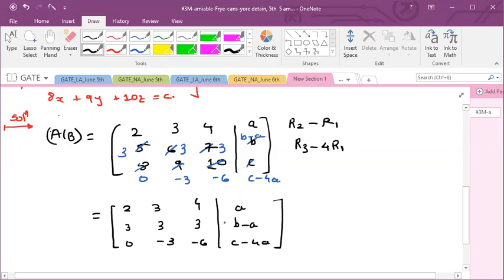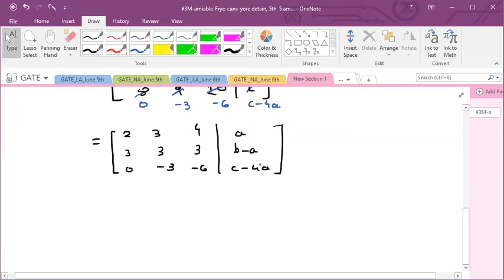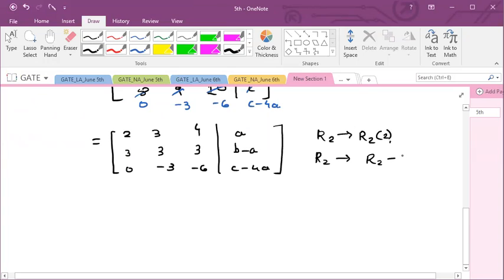Now first, can we multiply R2 with 2? It will become 6, 6, 6. And then from R2, can I subtract 3 times R1? Because 3 2s are 6.